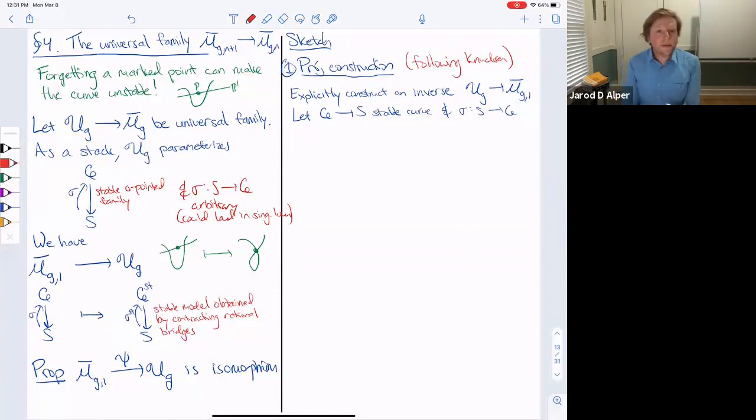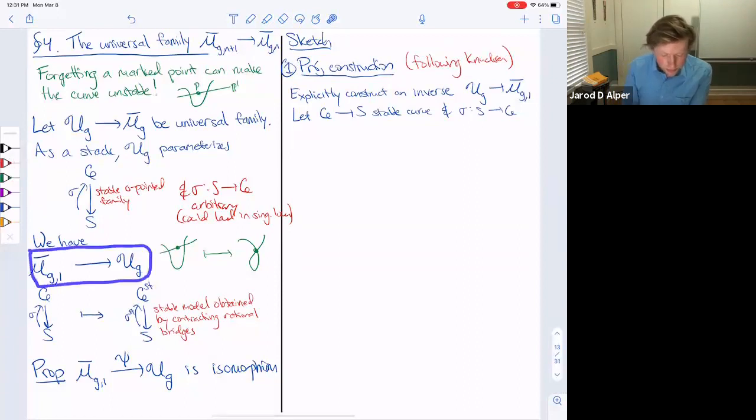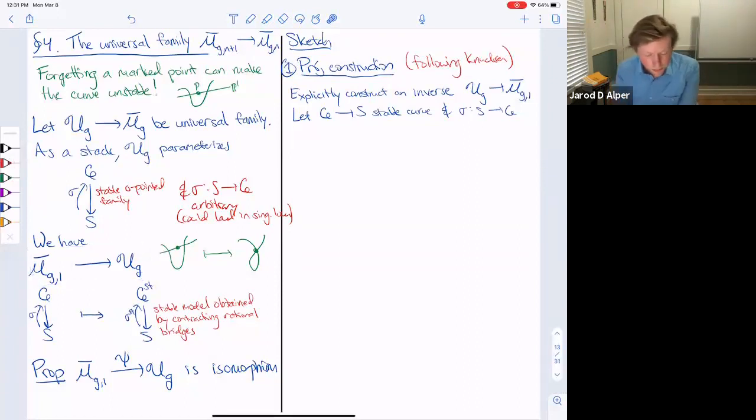Right, and so we have a natural map from M_{g,1} bar to the universal family, where you forget the point and you contract the rational bridge, or you contract all rational bridges. So this sends a curve like this, where you contract the rational bridge, and then you follow the image of the point, and it goes to the node.